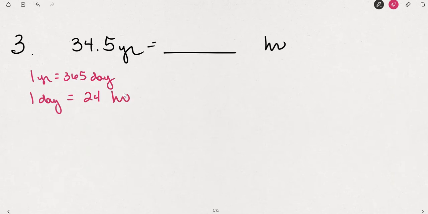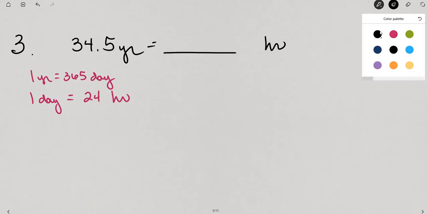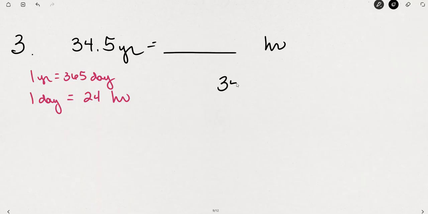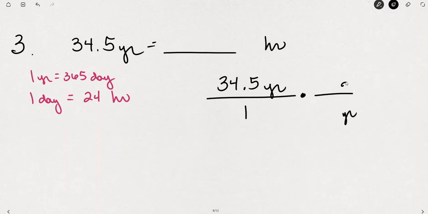So to set this one up, we'll start by writing the 34.5 years over 1. And then I'm going to multiply from a year to a day so that the years will divide out. And then I'm going to have to get rid of a day in the bottom to hours.